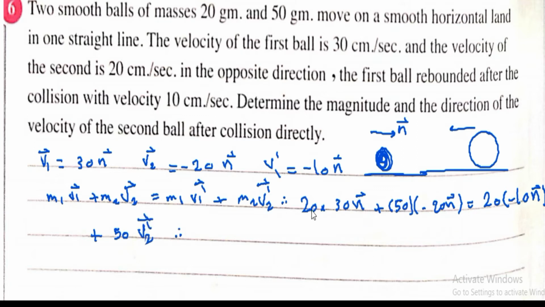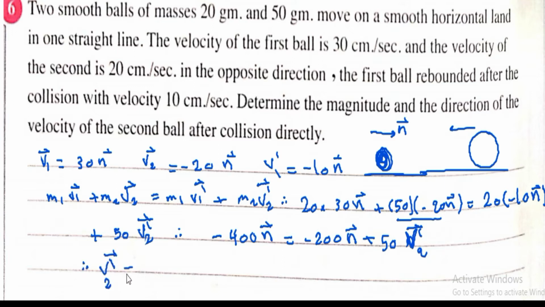Therefore 20 times 30 is 600, minus 1000 N, will be negative 400 N, equals 20 times negative 10, negative 200 N, plus 50 V'2. Therefore V'2 equals negative 400 plus 200, negative 200 N, divided by 50.